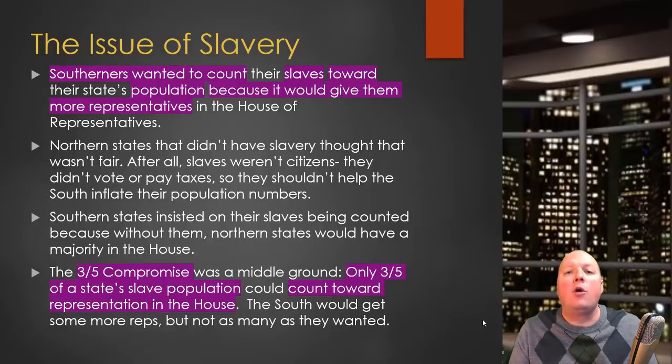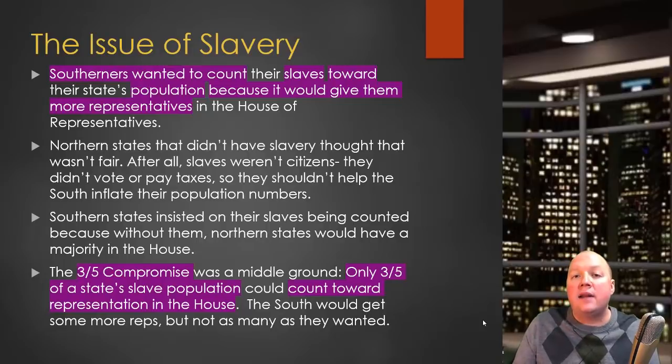Let's say you have 100,000 slaves in your state. And this is a low number. Lots of states have hundreds of thousands of slaves by the time the Civil War starts, but whatever. Let's just say 100,000. You have 100,000 slaves in your state. You cannot just add 100,000 to your total population and get more reps. That's not fair. So the 3/5 compromise is you count up all your slaves and you can add 3/5 of that number to your total population, or 60%.